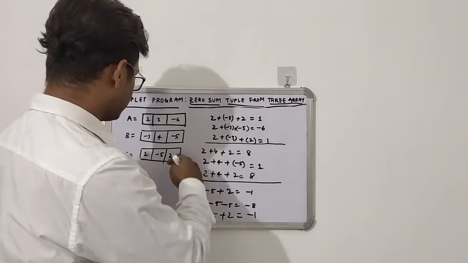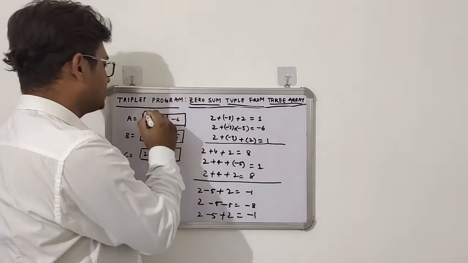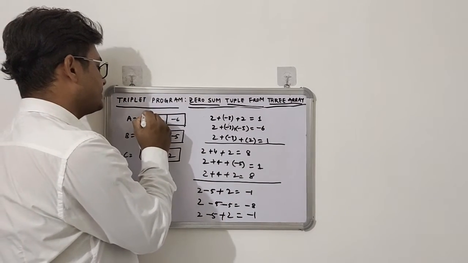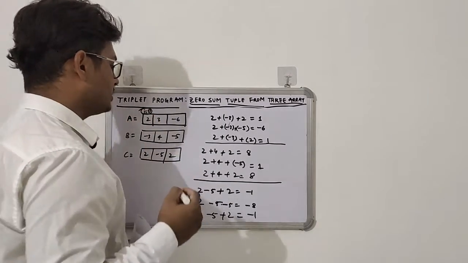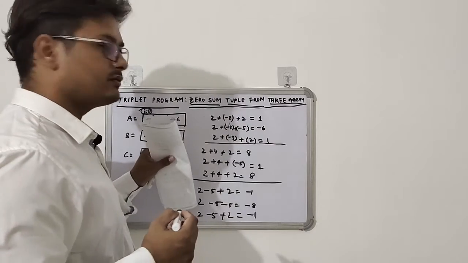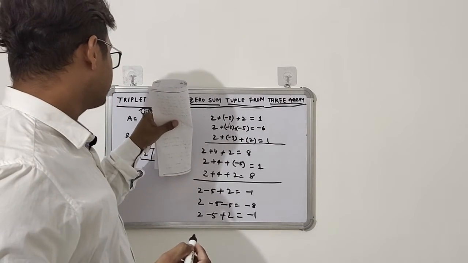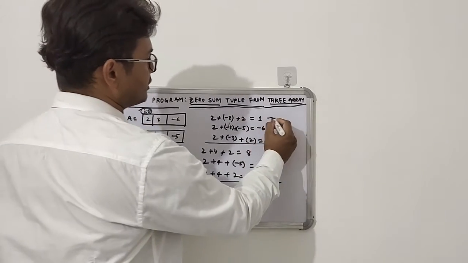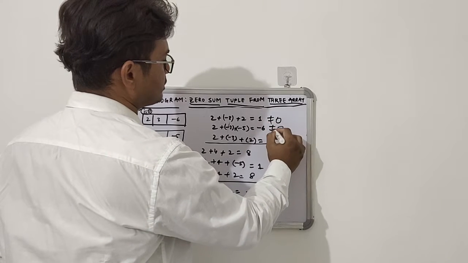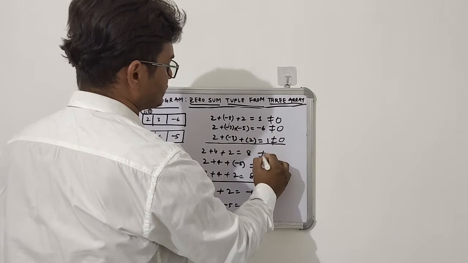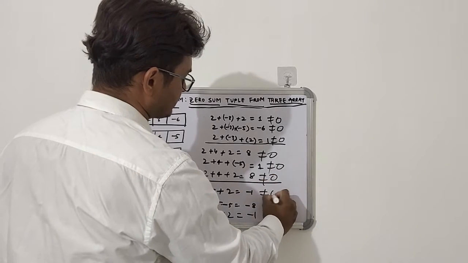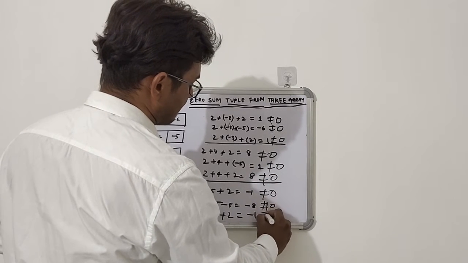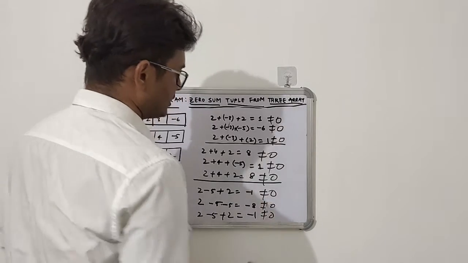Now we have finished the first element, for I equal to 0. Now we also have to finish I equal to 1. You can see it is not equal to 0, not equal to 0, not equal to 0, this is also not equal to 0, right?